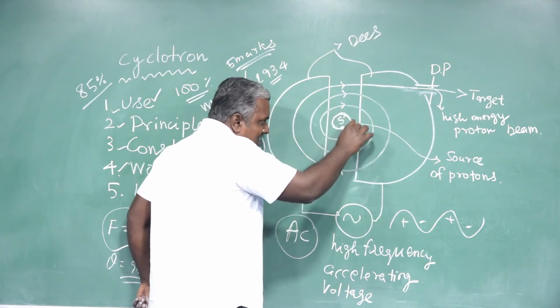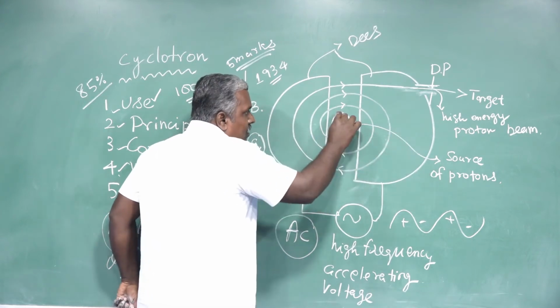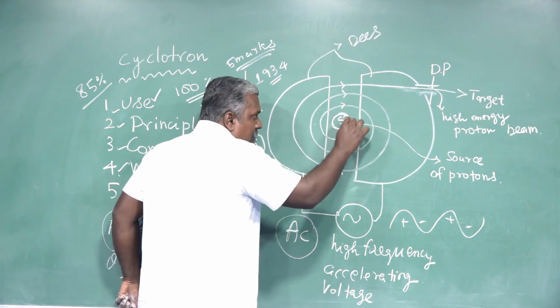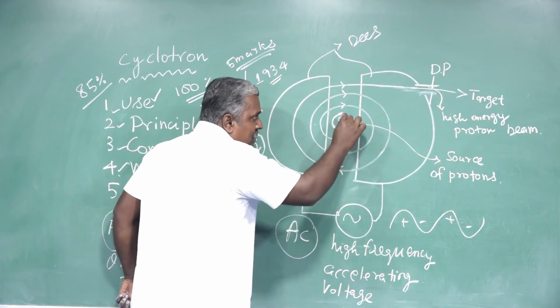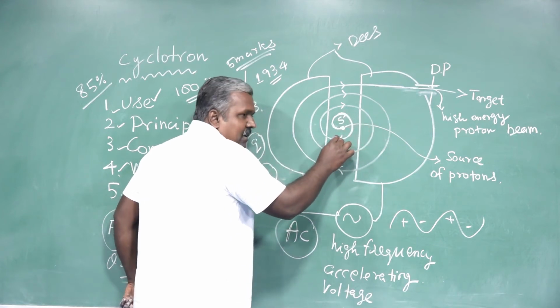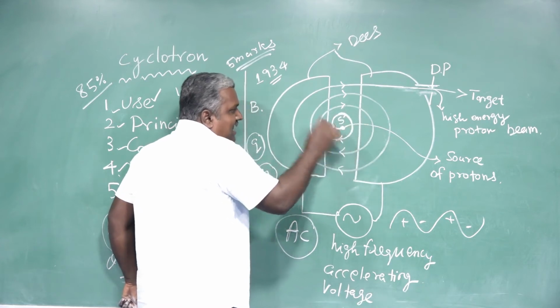It moves again in a circular path. First this D and second the other D. First it already moves in a circular path, and again when the polarity of the Ds gets reversed, it moves in a circular path again or accelerates towards the other D with greater velocity.